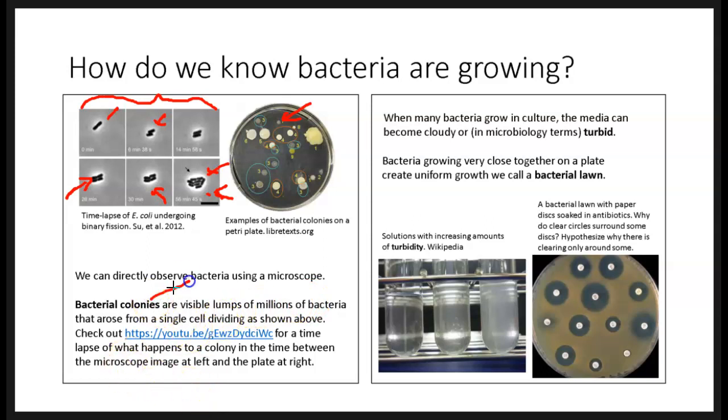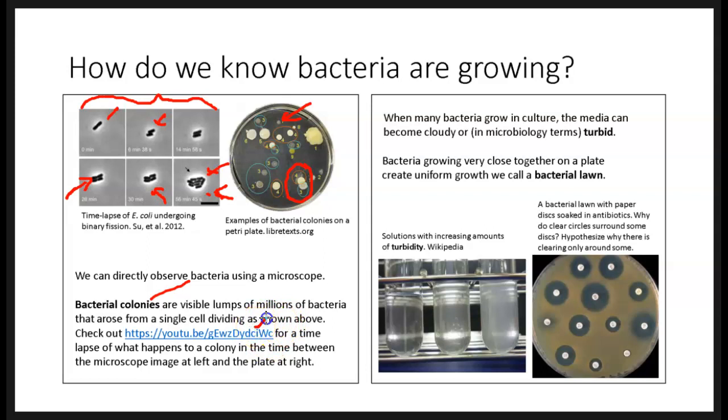Right? So a bacterial colony is a visible lump of bacteria that started as a single cell. Sometimes on dishes we'll see 2 overlapping colonies, where 2 masses of bacteria kind of grew into each other, right? And so that is an indication that there were actually multiple cells that converged on the dish.